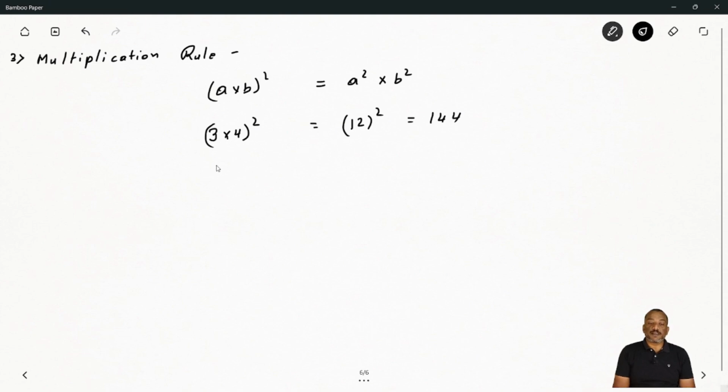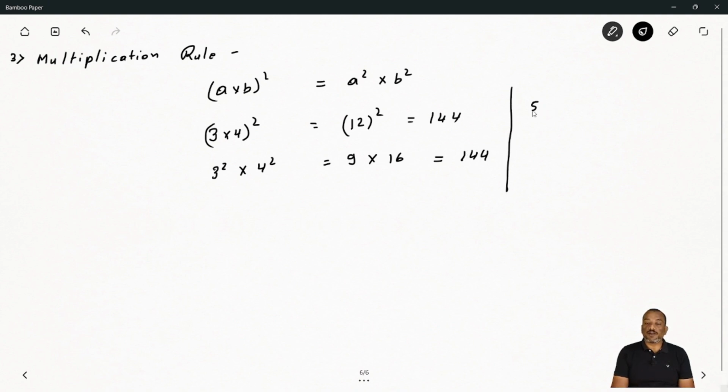Same way, 3 square times 4 square: 3 square is 9 and 4 square is 16, so 9 times 16 is 144. So if we square two numbers separately, or square their product, the result will be the same.